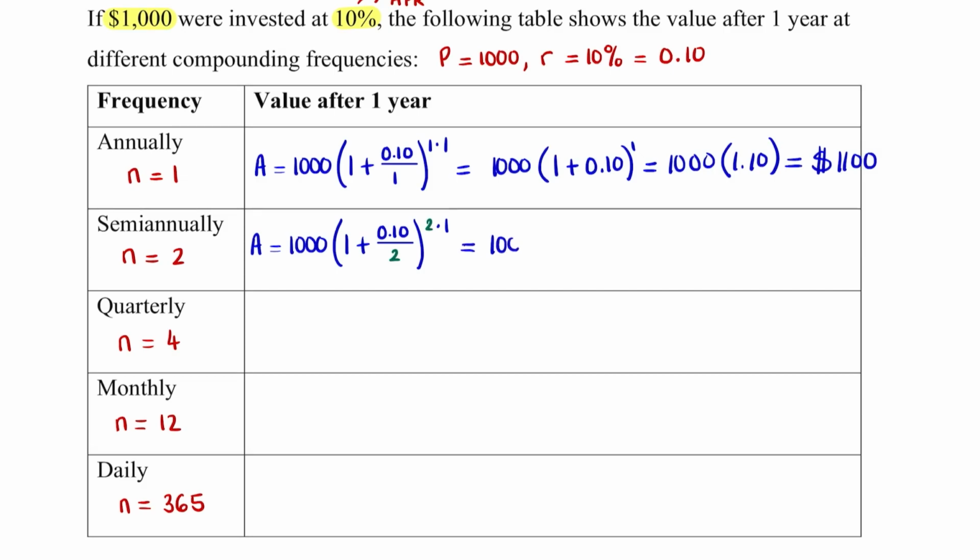I have 1,000 times (1 plus 0.10 divided by 2). 0.10 divided by 2 is 0.05, and 0.05 plus 1 is 1.05, raised to the square because 2 times 1 is 2.